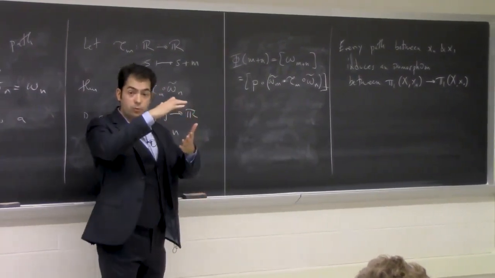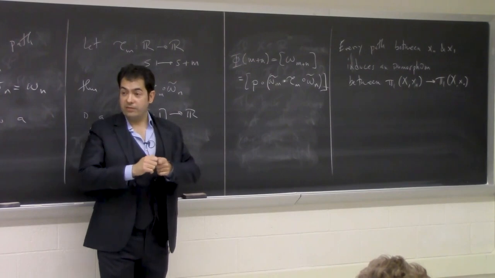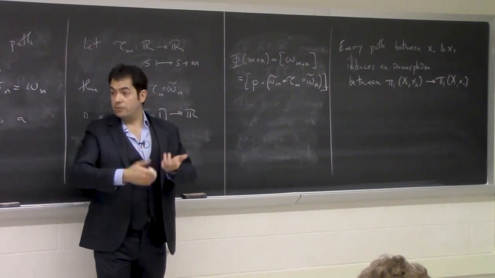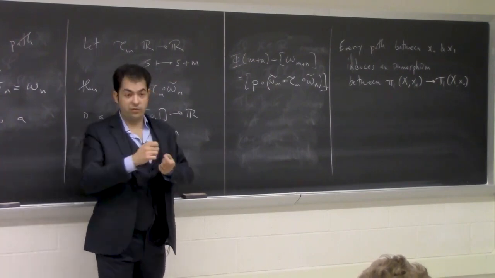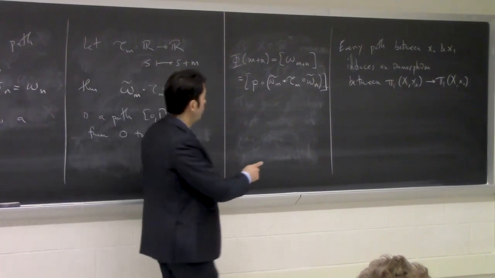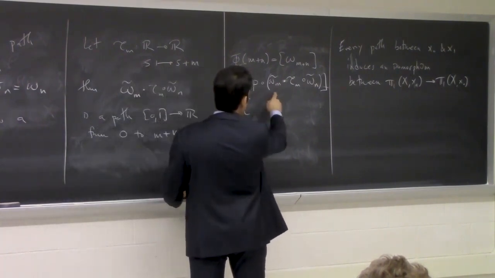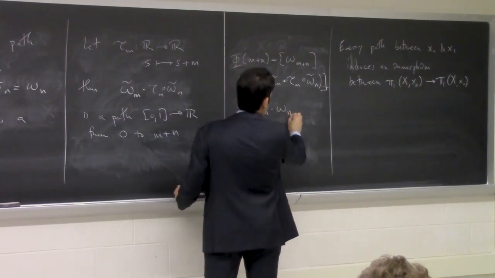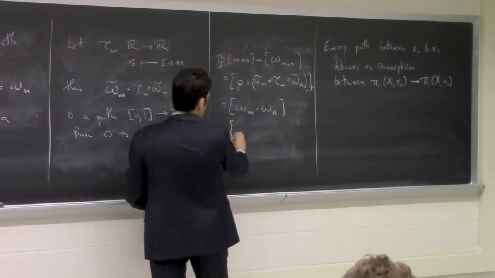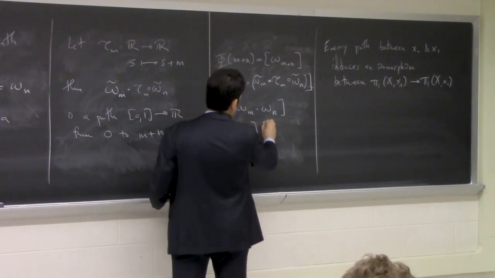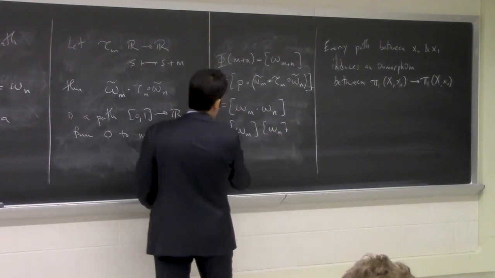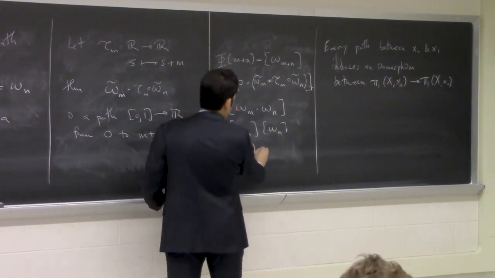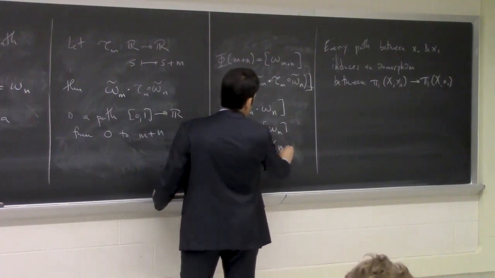Right? But when you project down, translating by m doesn't do anything. It sends 0 to 0. And so when you project this down, this is omega m concatenated with omega n, which is phi of m concatenated with phi of n.